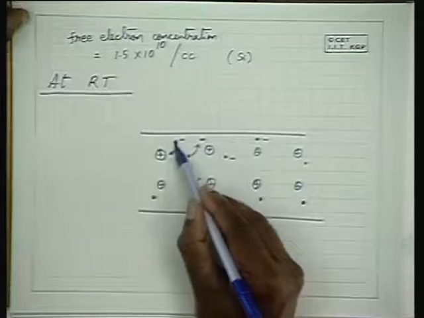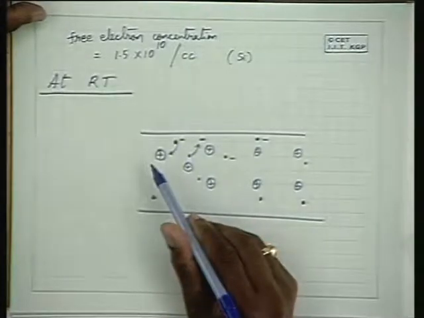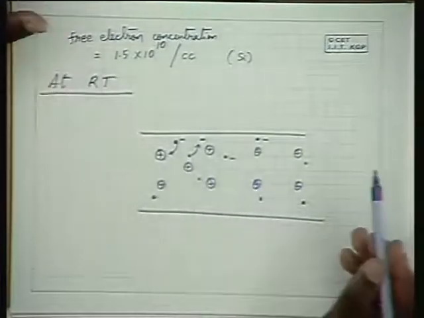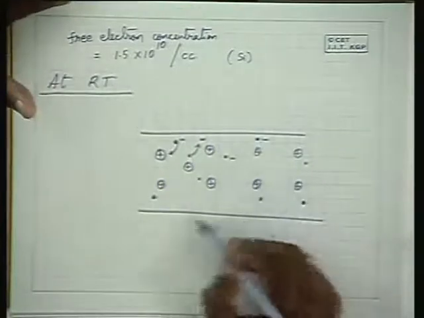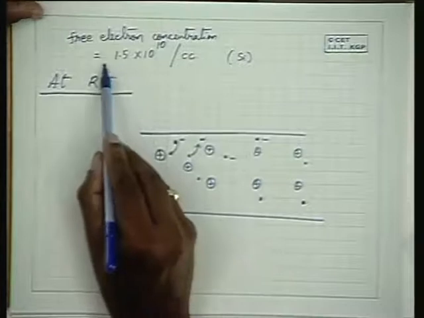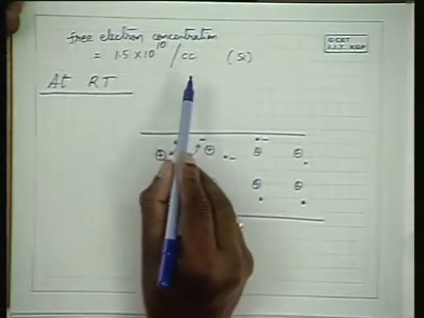So this kind of interaction takes place, and some electrons may jump into the valence bands to form the covalent bonds, and some may get out of a covalent bond, and in the process the average number of free electrons is of this order, 1.5 into 10 to the power of 10 per cc.